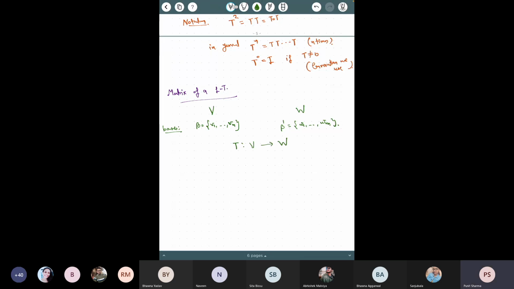Now this T is a linear transformation from V to W, then we know that every vector in V will have an image. So these basis vectors will also have images. What does it mean?